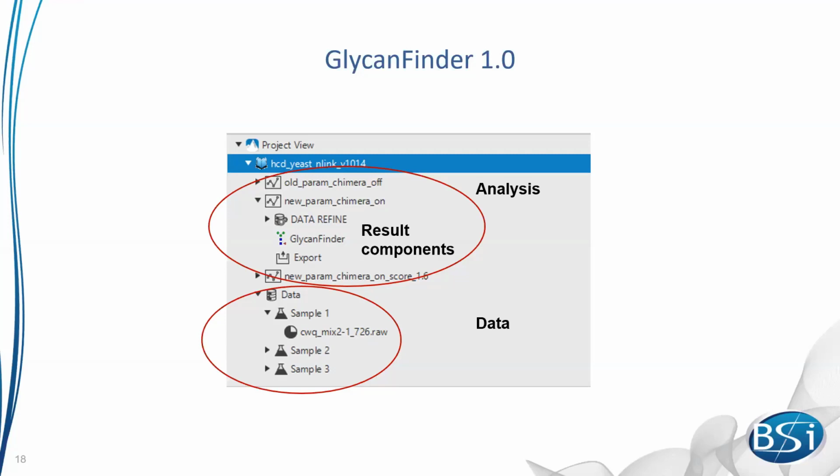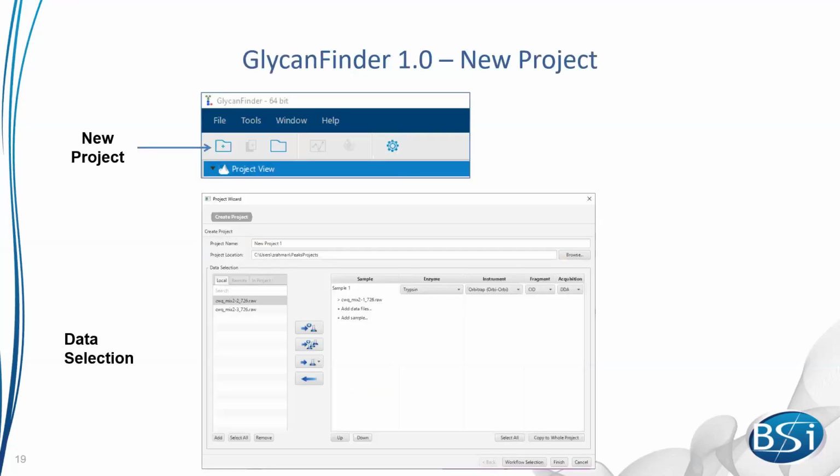Creating projects is simple. Like before, we have the new project button. We click on it, or we select from the file drop-down menu, and the project wizard will pop up. Data selection is exactly the same as in Studio. We select the data and organize them into samples. Then we move on to the workflow selection.